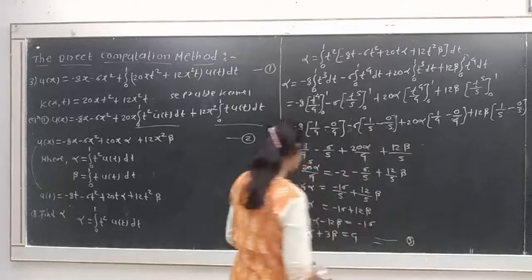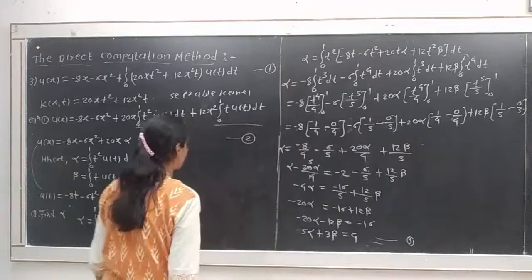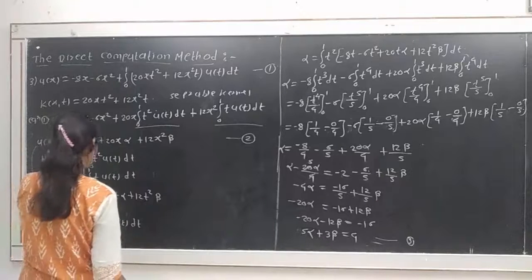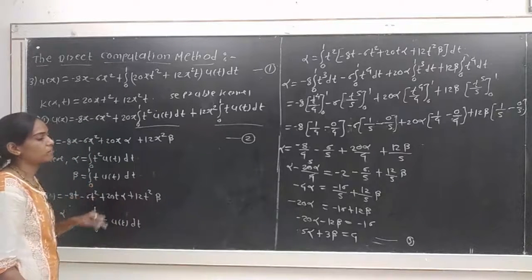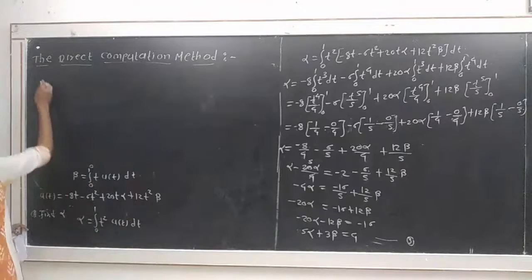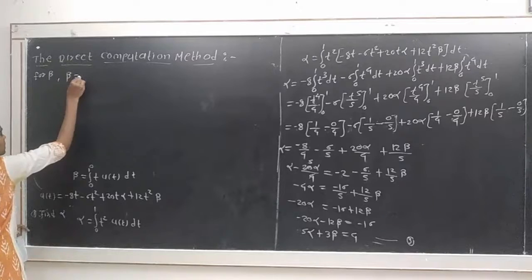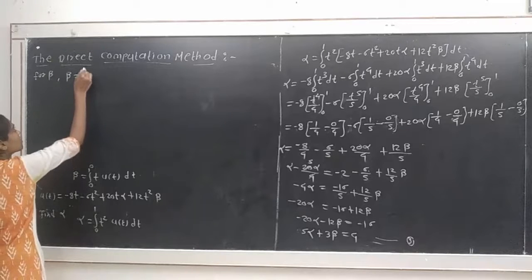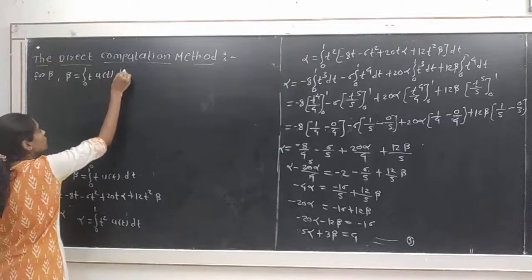We have to get an equation in terms of the constants alpha and beta. Again, if we solve this integral, we get the next equation in terms of alpha and beta. So for beta, here beta is equal to the integral from 0 to 1 of t into u of t dt.